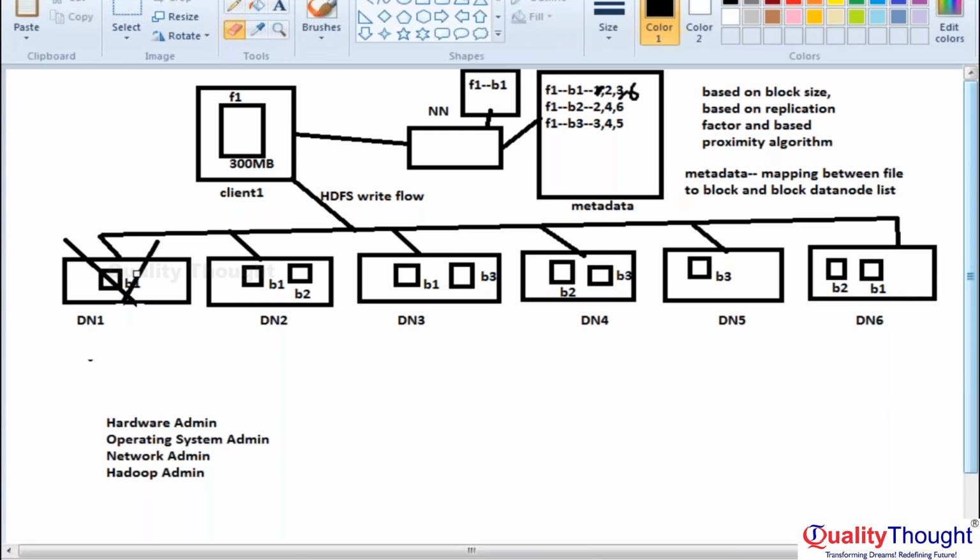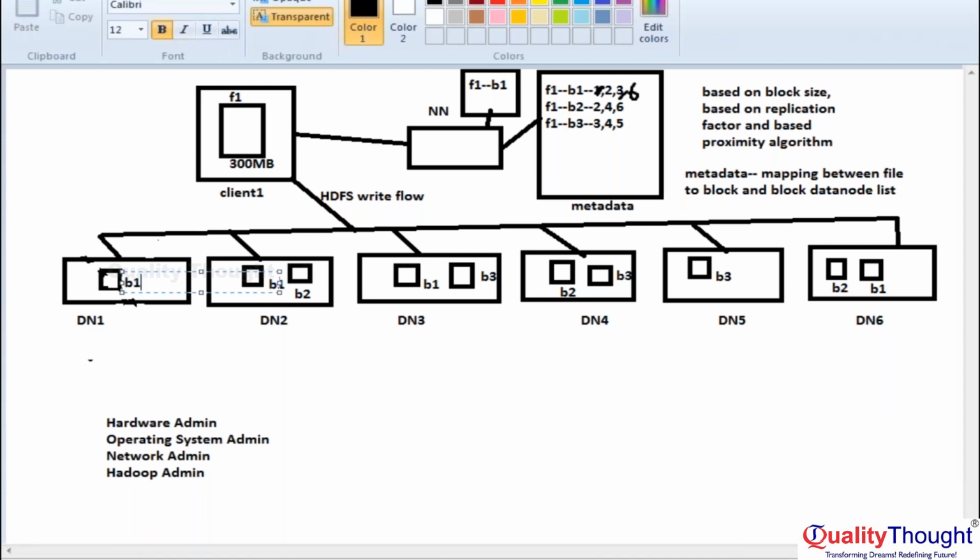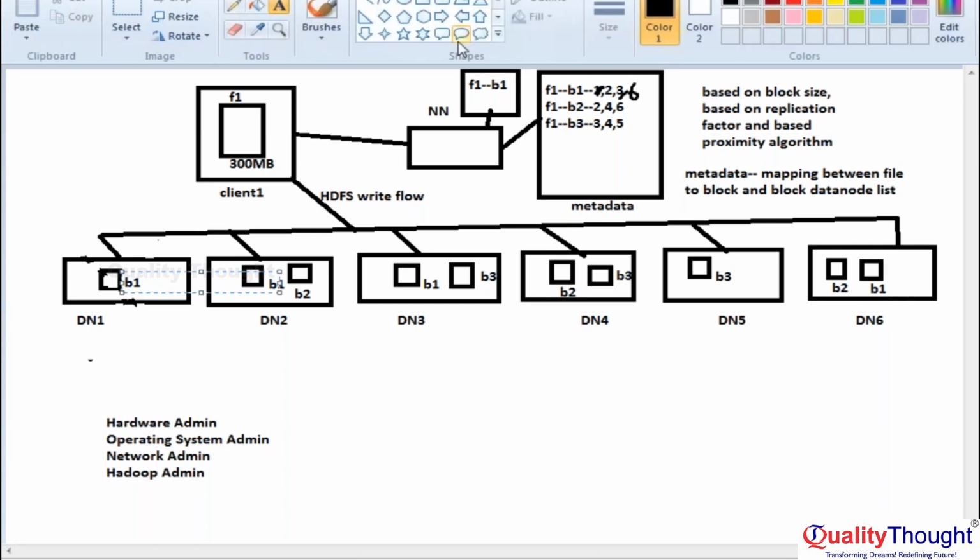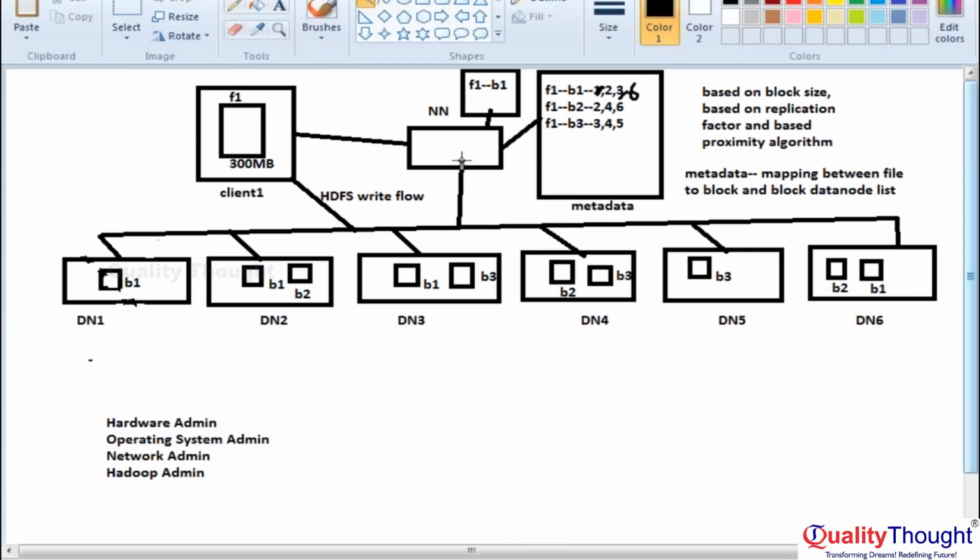This one becomes up. Then data node 1 starts communicating with the name node. Whenever a data node starts communicating and sending its block information, the name node verifies the metadata.